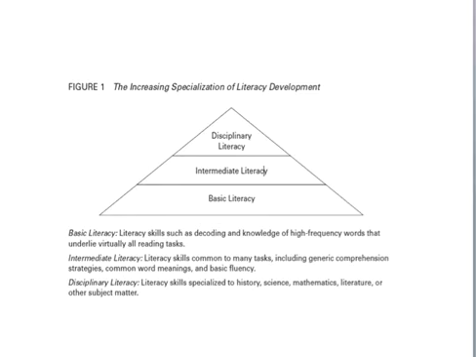These skills are needed for virtually all reading tasks. Intermediate literacies are those common skills that students use to make meaning while they read. These intermediate skills include generic comprehension, understanding common word meanings, and basic fluency.